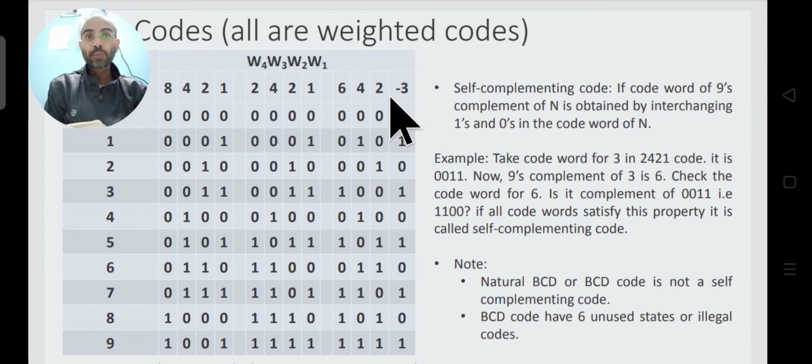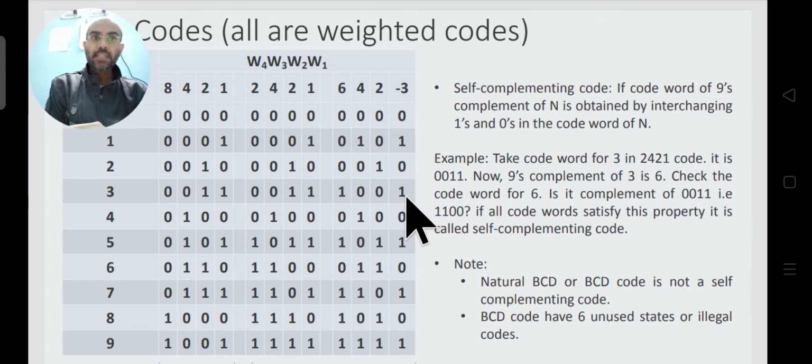Okay, 642 minus 3 code. Earlier it was 8421 code, then 2421 code. Now I want to represent a number in 642 minus 3 code. So how will I represent that? Let's say I take the number 3. To represent 3, I will start from the LSB.